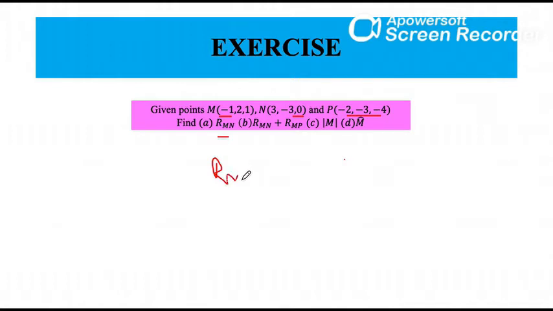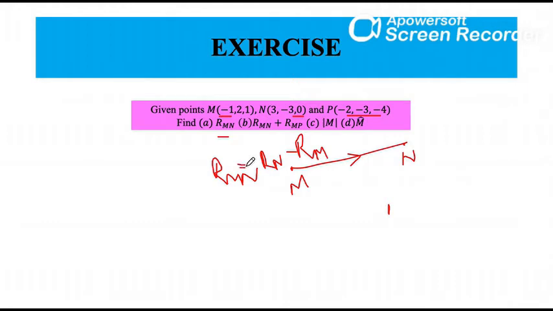Rmn is a vector which is directed from M to N. It is directed from M point to N point. If I am having 3 points, Rmn is directed from M to N, and it is given as Rn minus Rm.